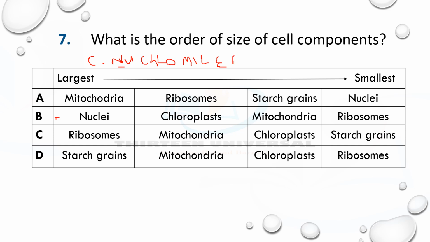R is ribosome. So if you check what we have done so far, it goes with nucleus, chloroplast, mitochondria, ribosome, which is the smallest. That's R here. So the answer is B.